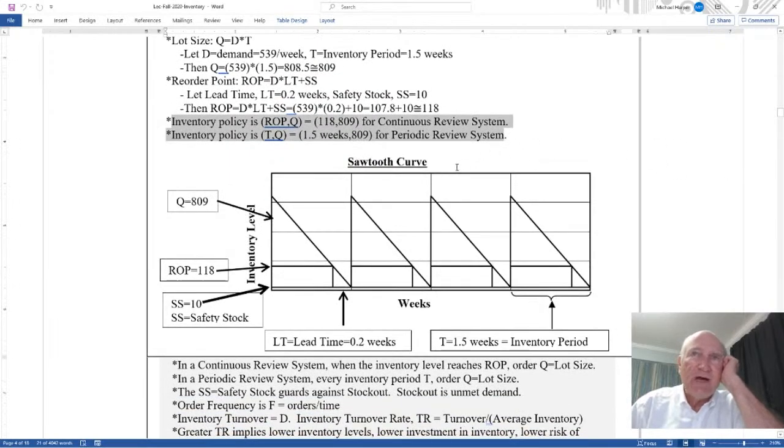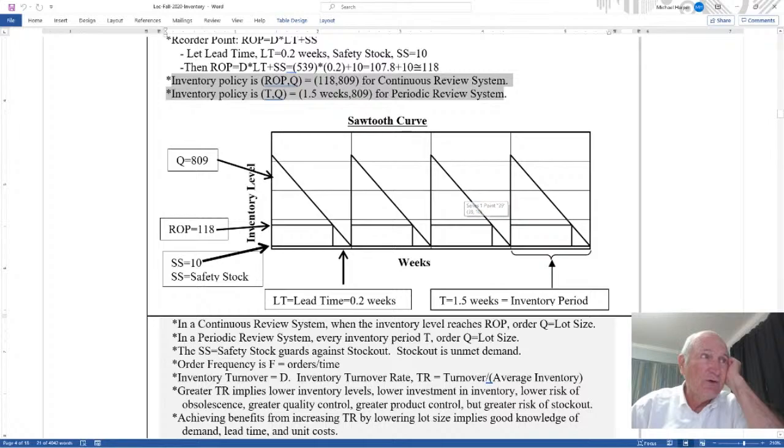To represent this graphically, we have something called a sawtooth curve. As the demand comes down, here's 809, and here's a safety stock of 10. When it hits 10, then you're going to order 809, so it jumps up again. Now the lot size is 809. It doesn't come all the way to 0, so when it goes from 10 and jumps up 809 when you receive 809, this maximum inventory level then is 819, 809 plus 10.